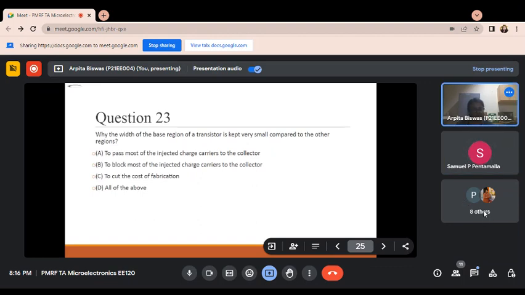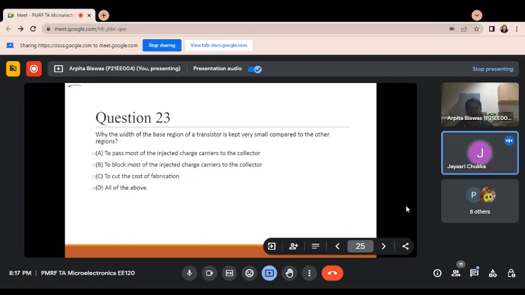Kavya, what is the right answer? Yeah, ma'am. Can you explain a little bit? If the base region is thin, then what happens in that case?